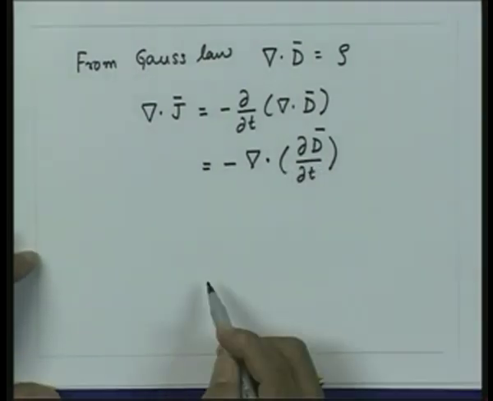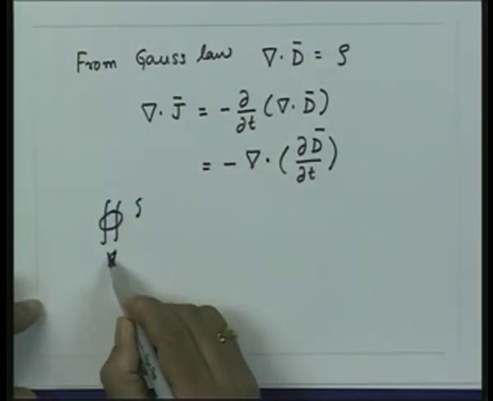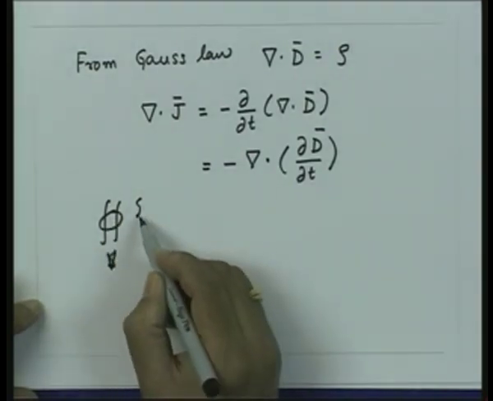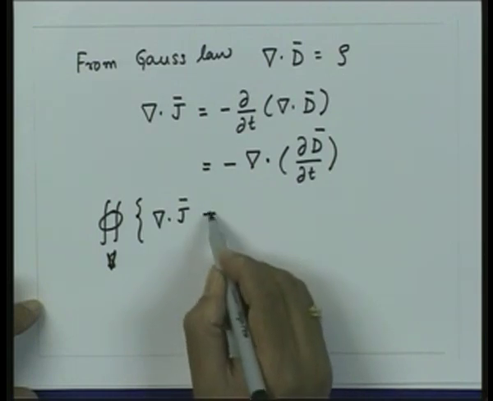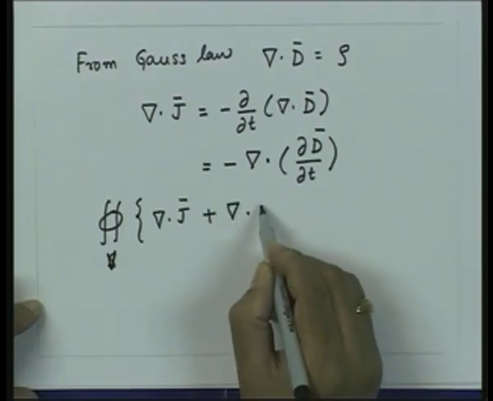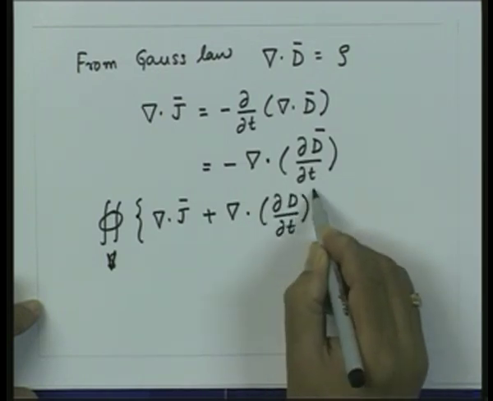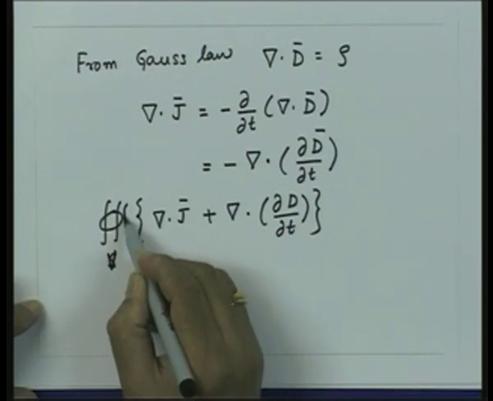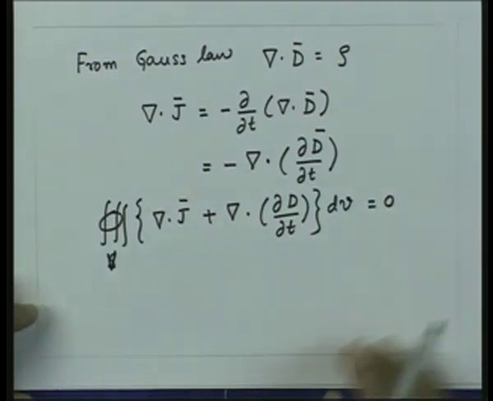I can bring this thing to the left side and integrate over volume. So, this is the integral of del dot J plus del dot dD by dt, dV, that should be equal to 0.